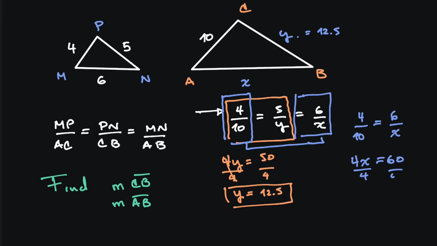We divide by 4 on both sides and get that X is equal to 15. So CB is 12.5, and AB is 15.